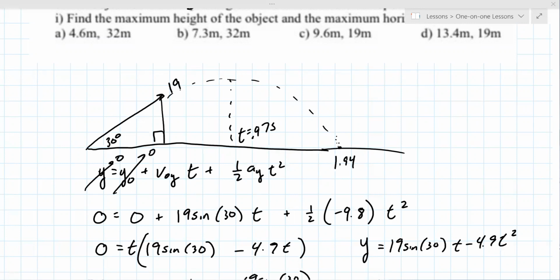Perfect. So we get A for this, right? Yeah. Sounds good. I want to point out now that part 3 you already have the answer to. Part 3 is D. Perfect.